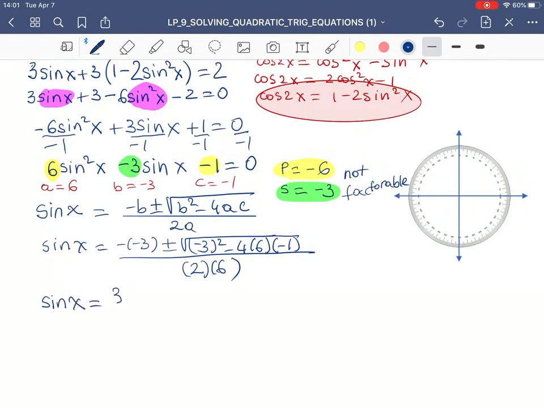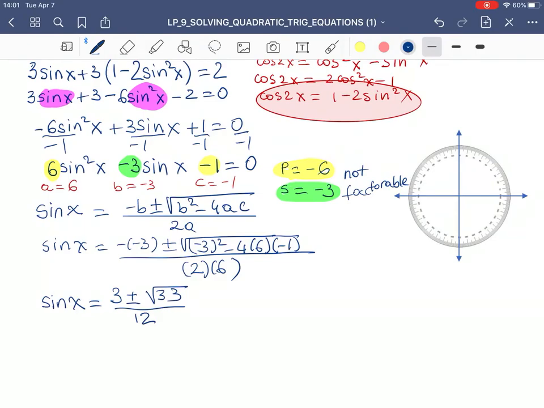I'm curious to see what this difference would be. So negative 3, which becomes positive 3, plus or minus the square root of 9 plus 24, so root 33, divided by 12. Okay, definitely not a special ratio or a special angle.